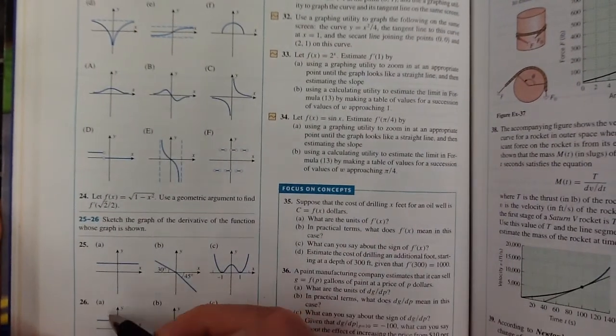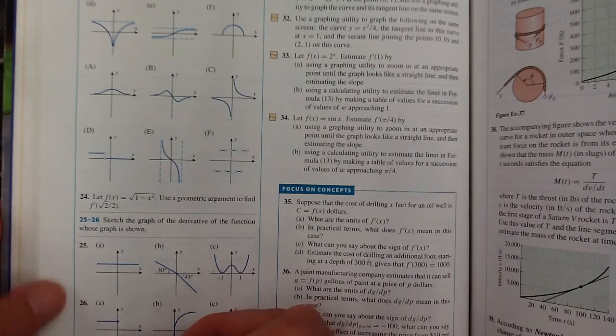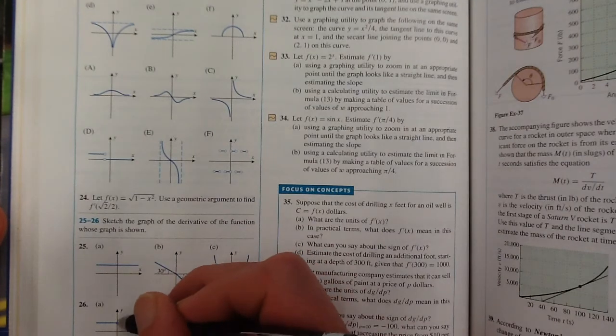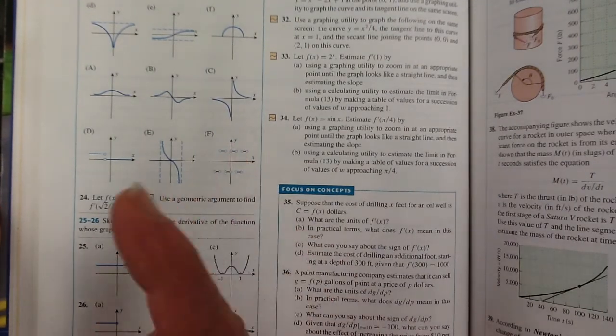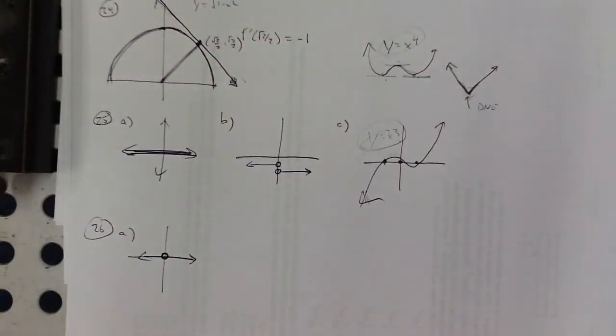I mean, where are you going to put it, right? You can't put it here. You can't put it there because there's not even a point there. So if a function has a discontinuity, you cannot find the derivative there. If a function is not continuous at some point, it cannot have a derivative.